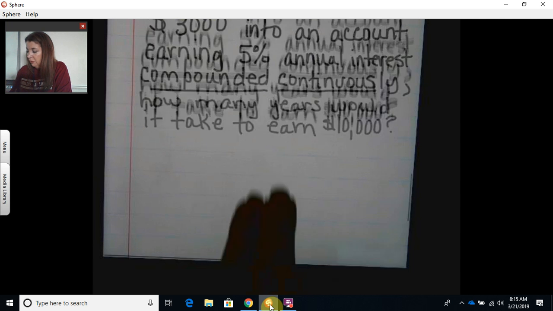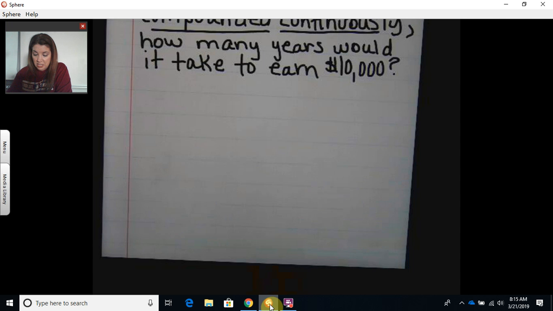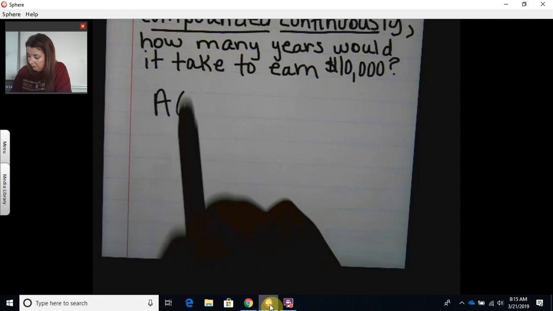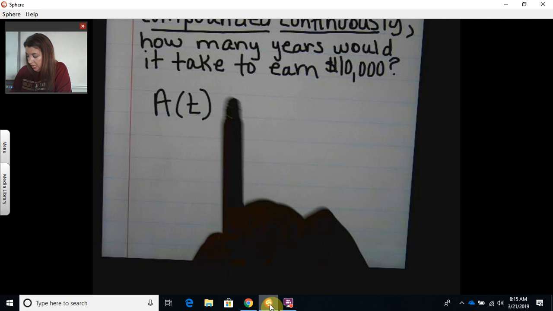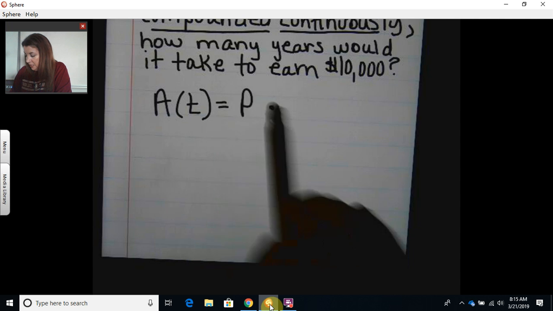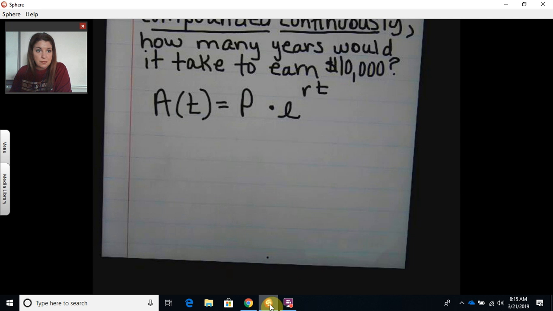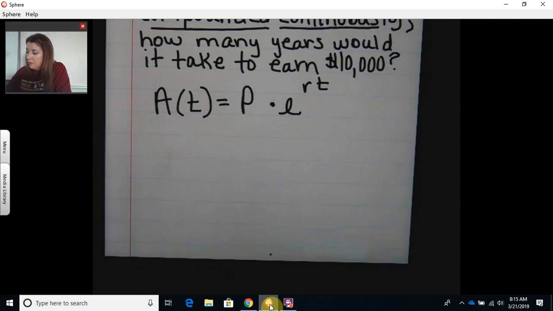So remember, we did this formula the other day. When it's compounded continuously, the formula is A of t equals P times e raised to the rt. Y'all remember what A of t represented?